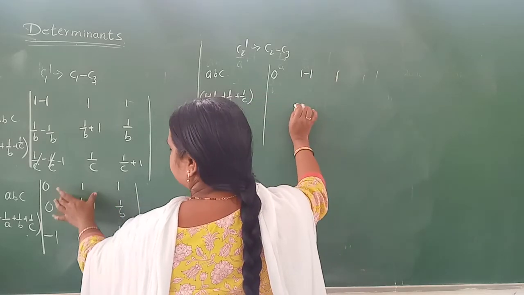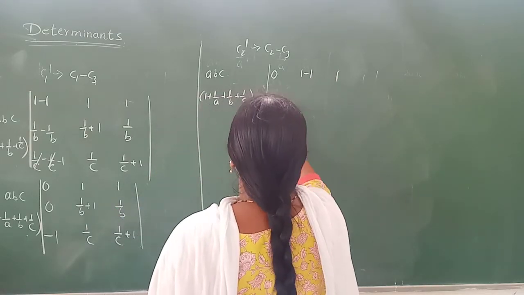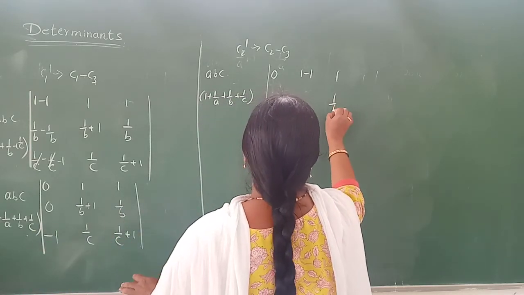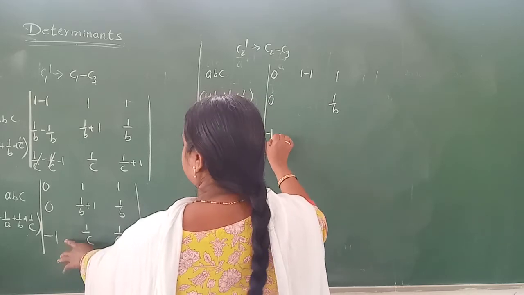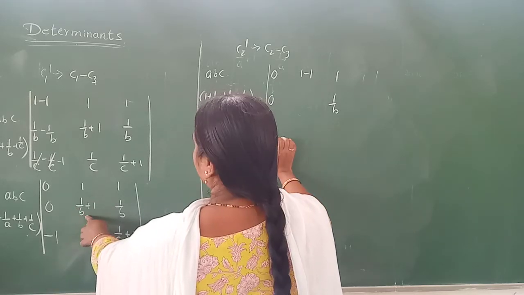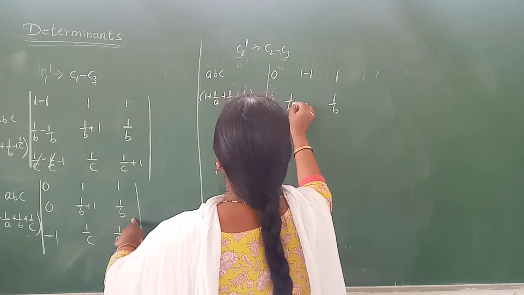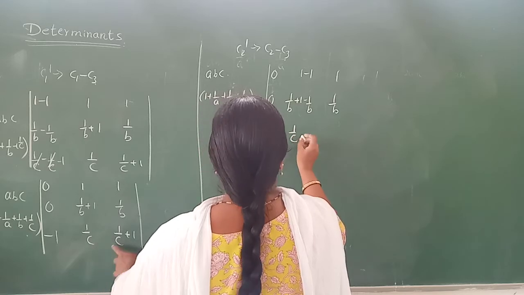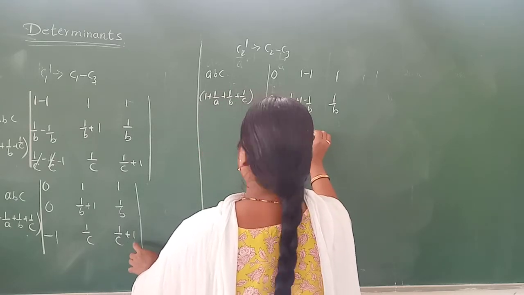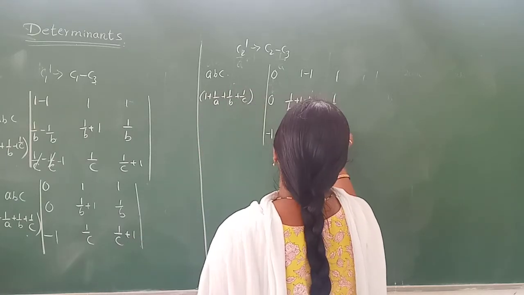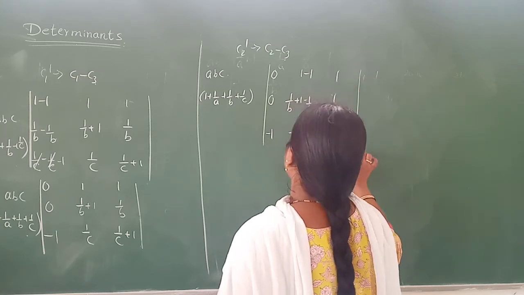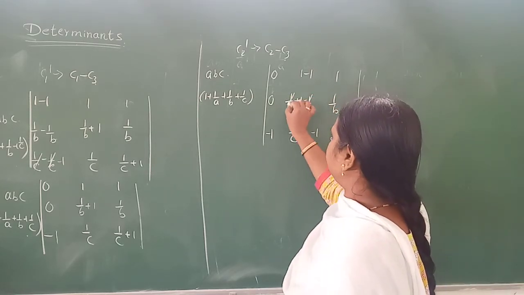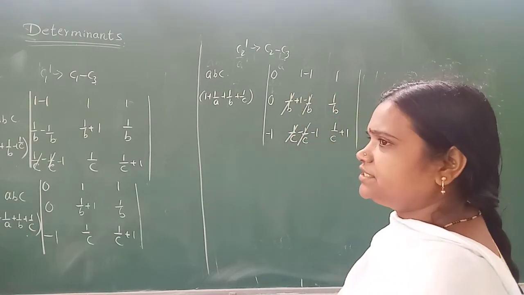Only the second column changes; there is no change in the first as well as the third column. 0, 1 by B, minus 1 in between changes, C2 to C2 minus C3: 1 by B plus 1 minus 1 by B, next 1 by C minus 1 by C minus 1, and this is 1 by C plus 1 as it is.